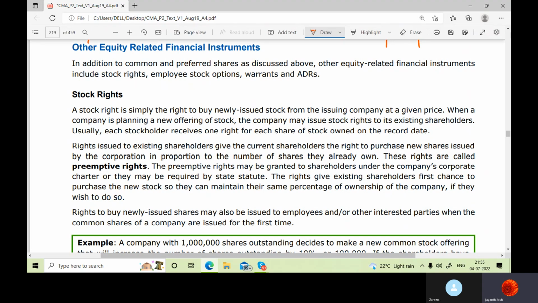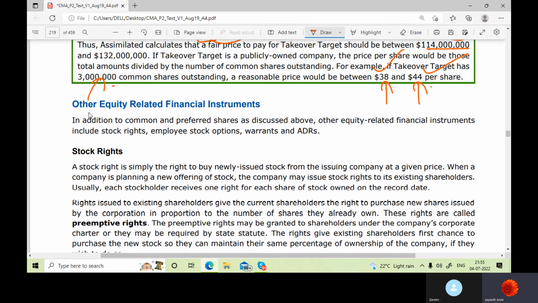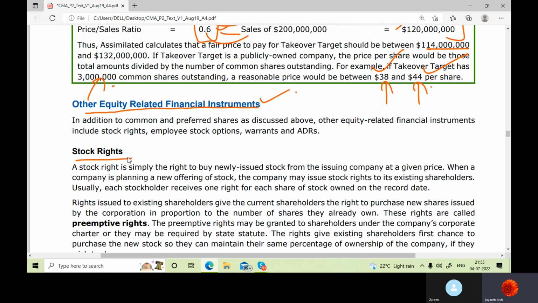Now let's go for the next topic: other equity related financial instruments. So I'm speaking about stock rights, or the rights issue. This is when a company wants to issue shares or raise additional capital, it can do so by issuing the shares to the existing shareholders.